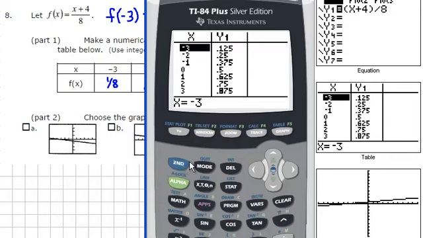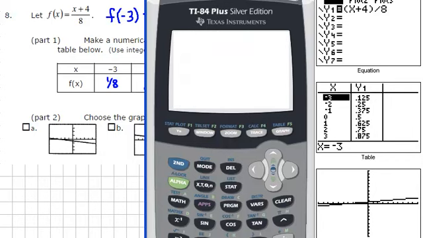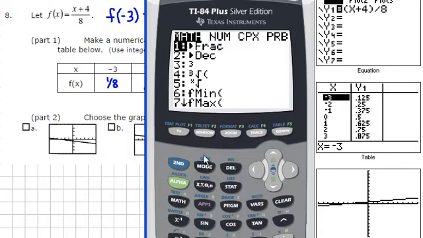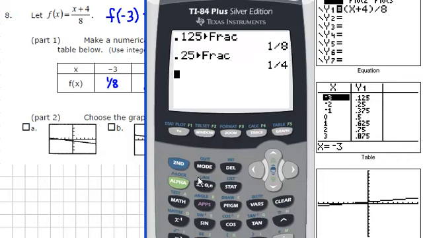You'll go to the home screen, you'll go ahead and quit, and then enter the decimal. The first one was 0.125, and then go to the Math menu and select option number 1, which converts it to a fraction, and you'll see that it gives you the fraction 1 over 8, which is consistent with what we had before. And then just continue that process.